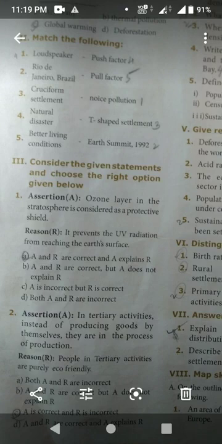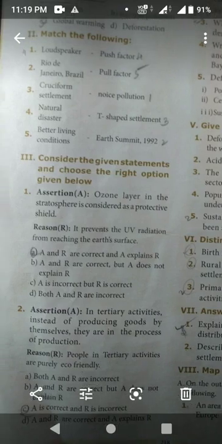The answer is option A: A and R are correct and R explains A. Second one, assertion A: in tertiary activities, instead of producing goods by themselves, they are in the process of production. Reason R: people in tertiary activities are purely eco-friendly. That is option C: A is correct and R is incorrect.